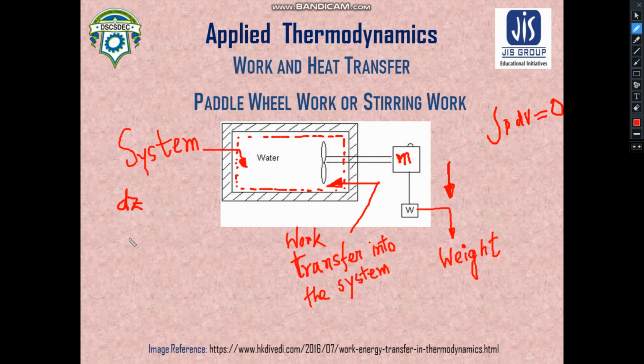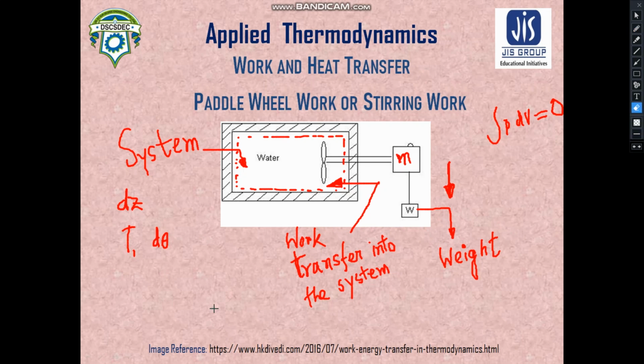And T amount of torque is being transmitted through the shaft to rotate this paddle wheel. Now we need to calculate the work done by this stirring action. When the shaft is transmitting the torque, let the angle of transmission be d theta. So, the angle in which T torque is being transmitted is d theta. Now, we need to calculate the work transfer into the system.